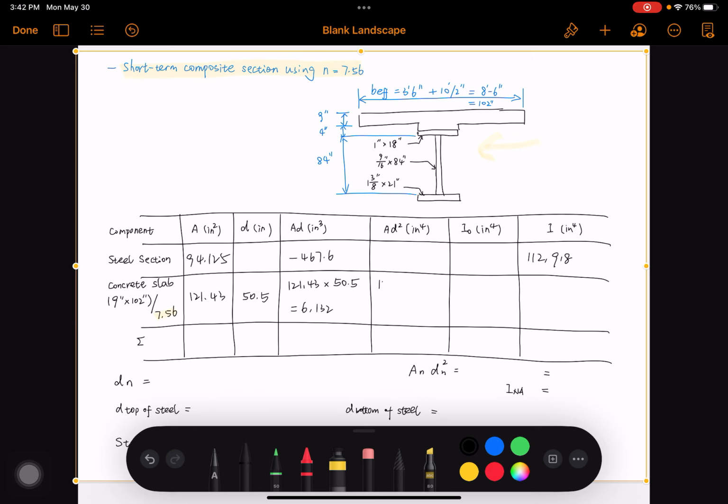AD square is 1 to 1.43 times 50.5 squared, equal to 309,677.